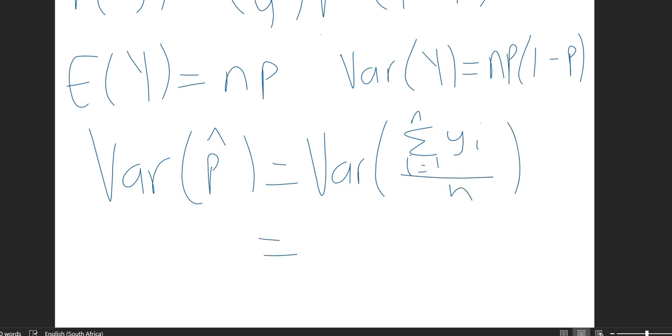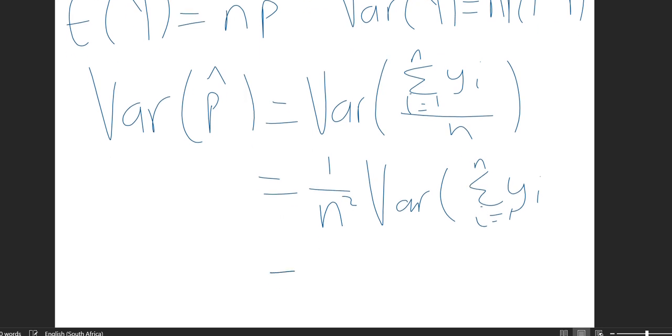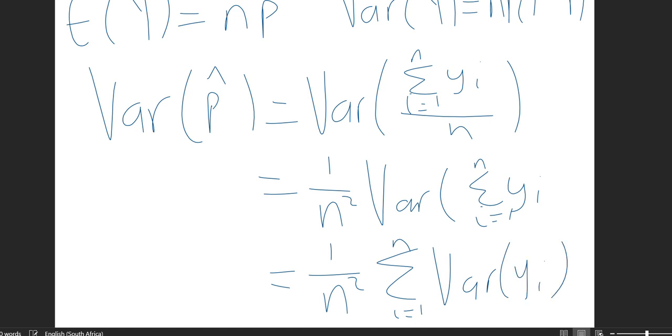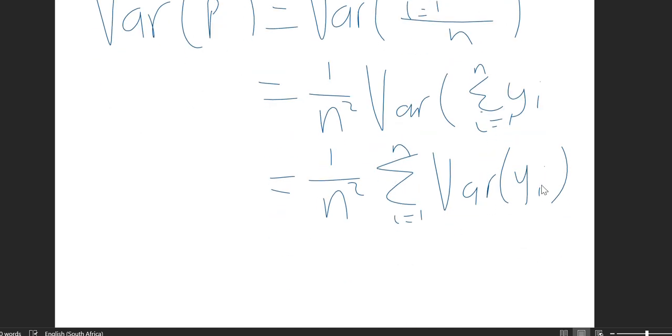We take out the constant, 1 divided by n, and we square it, leaving the variance of the sum of yi's, i equals 1 till n. To get rid of the individual i's, we multiply by n.